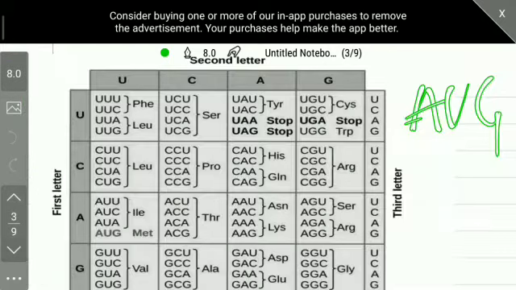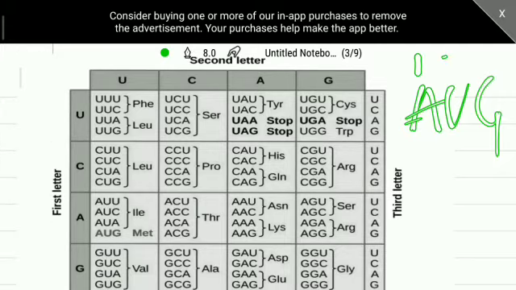Let us see another thing. In this picture you can see the table of the genetic code. You have already understood that in mRNA three nucleotides are grouped together to form a codon. For example, AUG is a codon. A is the first nucleotide, U is the second nucleotide and G is the third nucleotide.